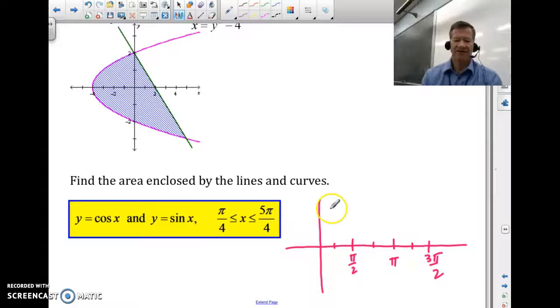If I would graph each of these functions, and you know how I am with graphing things with these markers, but we know cosine starts at a maximum, then goes to a 0, and then a minimum, and then back to a 0. So the cosine graph will kind of look like this.